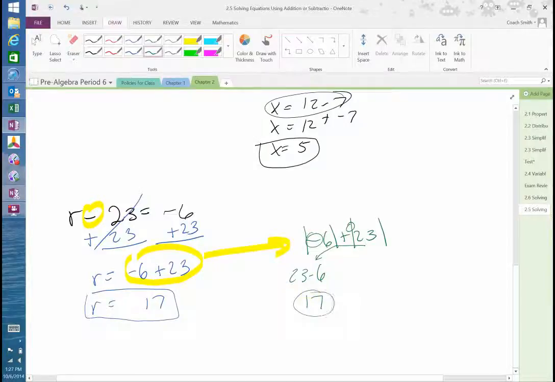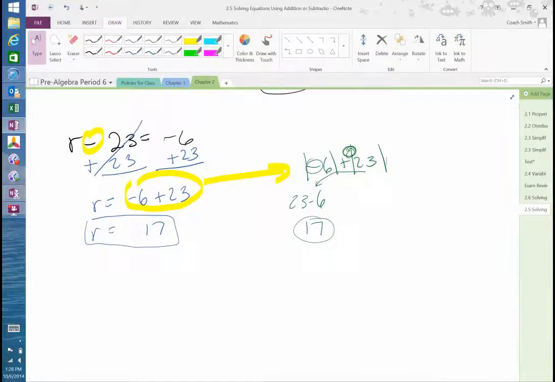And that's your answer. And it's a positive 17 because this has the larger absolute value. Okay? I'm just proving what a lot of you did in your head. Okay? I'm mathematically proving that negative 6 plus positive 23 is 17. Okay? Without actually showing the step in the equation.